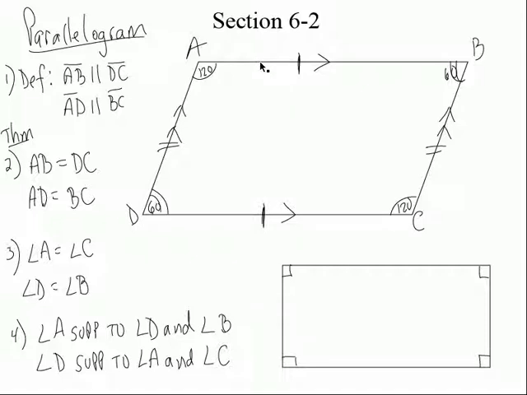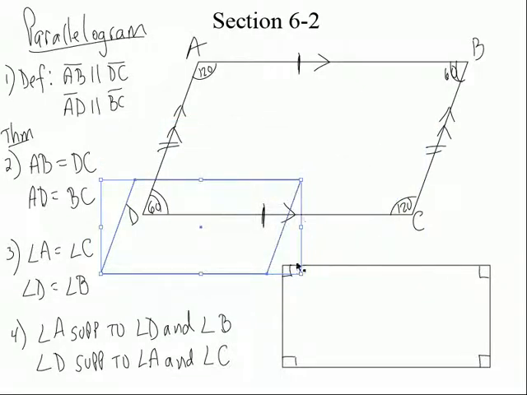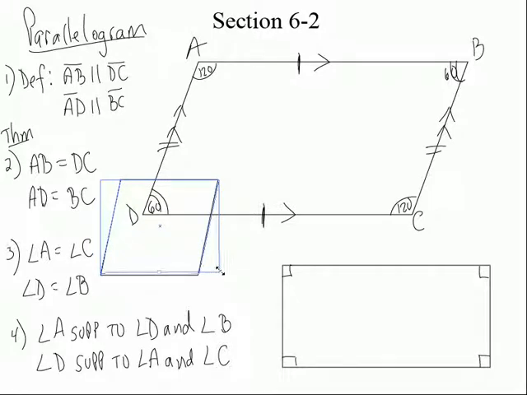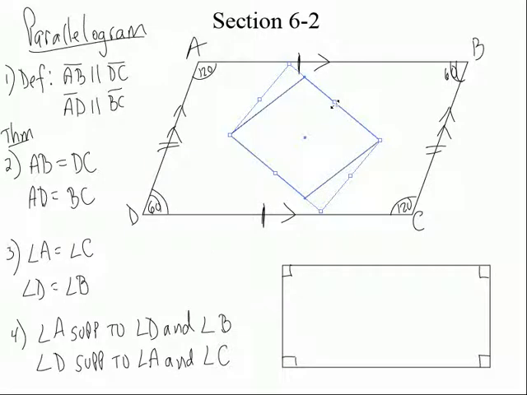Let's do this. Let's copy this. Let's make this a little smaller, like that. And if all these sides were equal to each other and we took it, I guess you could consider that to be a diamond, right? Looks like a baseball diamond. So what I did is I took a square, basically, right? And I just rotated it, and it kind of looks like a diamond.